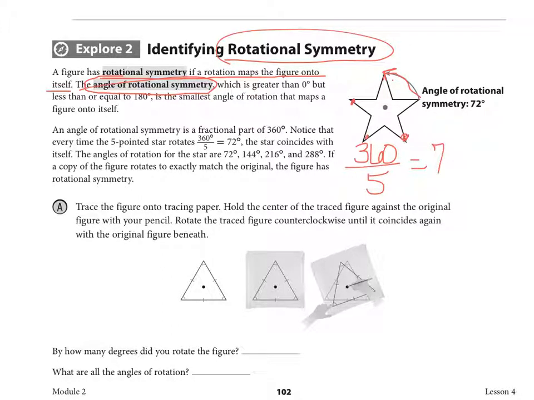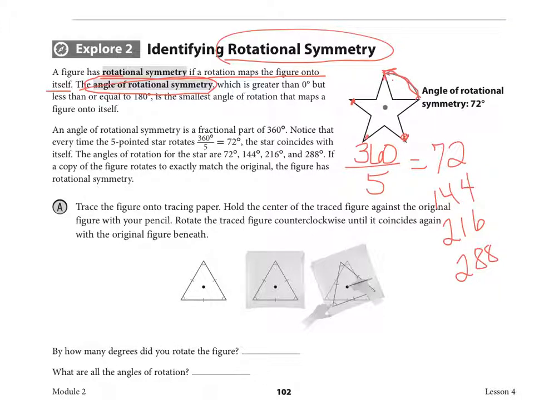And we get that 72. And so there would be an angle of rotation at 72. There'd be an angle of rotation at 144. There'd be an angle of rotation at 216 and 288. And all I'm doing is adding 72 to each one of those.